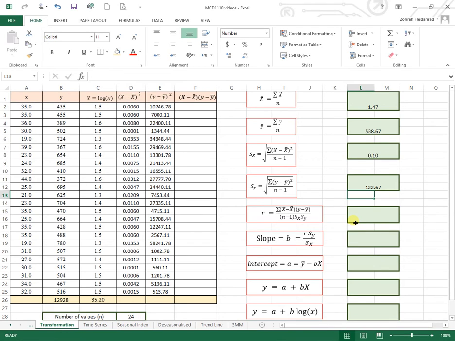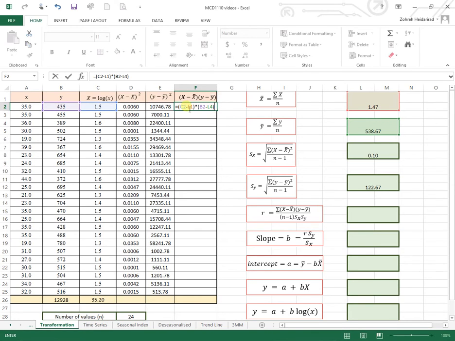Now for finding the correlation coefficient, I need x minus x bar times y minus y bar, and then find the total of them. This equals to x minus x bar times y minus y bar.